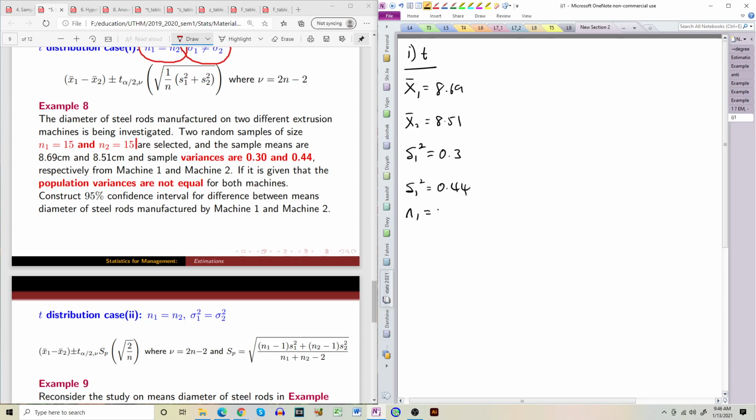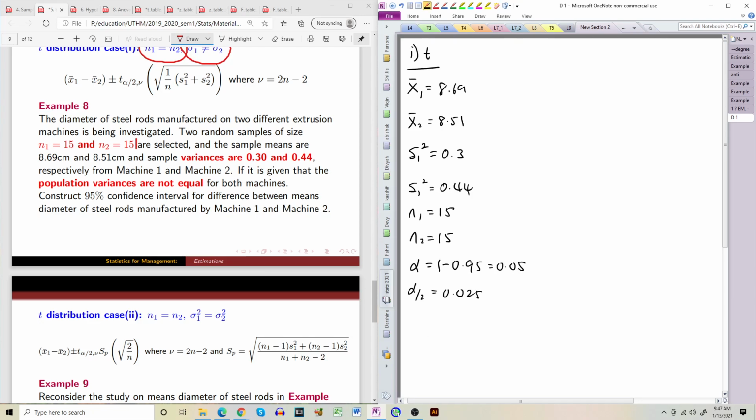N1 is 15, N2 is 15, alpha is the degree of freedom.